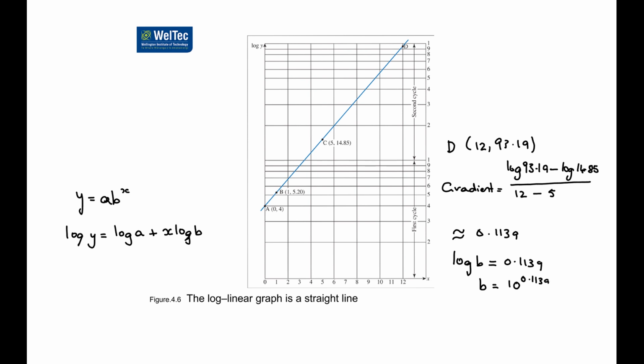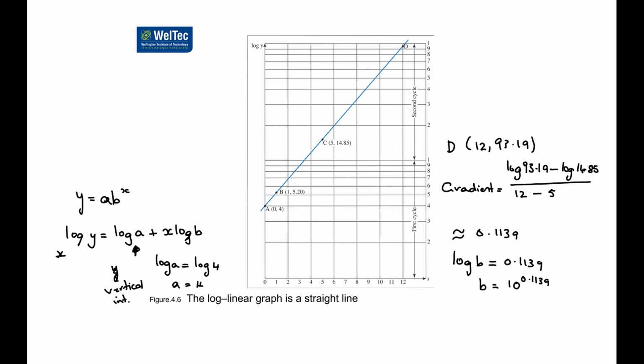0.1139. Now, back over here again, we can see that log of a must be the vertical intercept. And we can just read that off the graph, that log a equals log 4. So a is equal to 4.